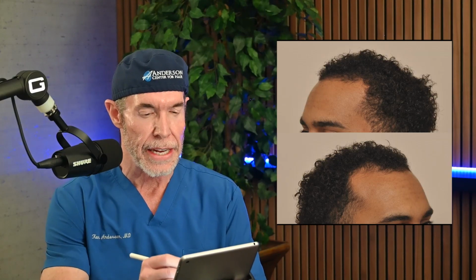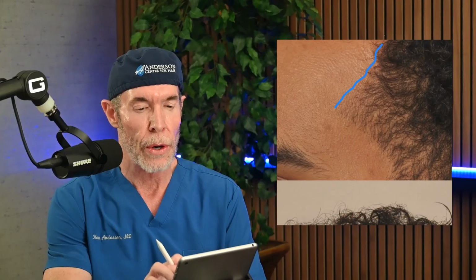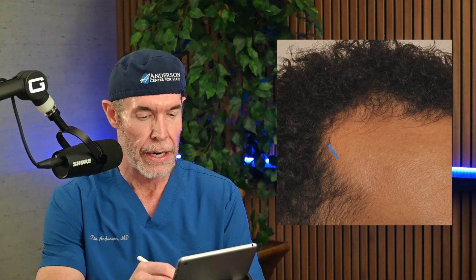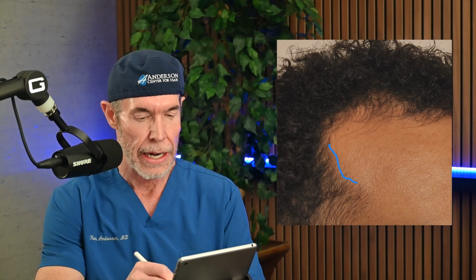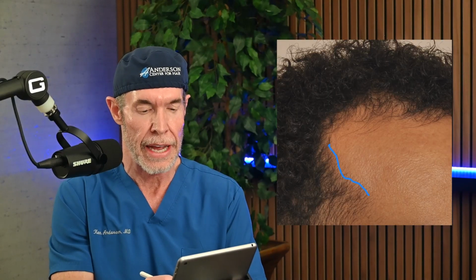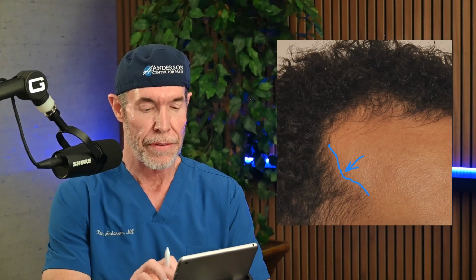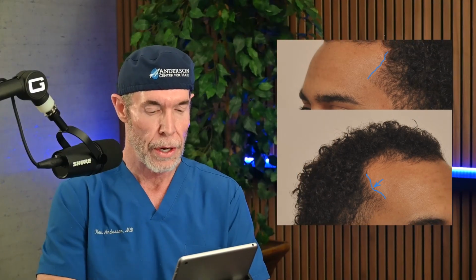And if we look up at the top photograph here, the contour of his temporal point, if we draw it out, is more or less a nice straight-ish line. But down here, he's got a little bit of a cavity going on. As you can see, the hair loss is taking a little cookie bite out of the leading edge, the superior edge of his temporal point. So we would certainly want to augment that.